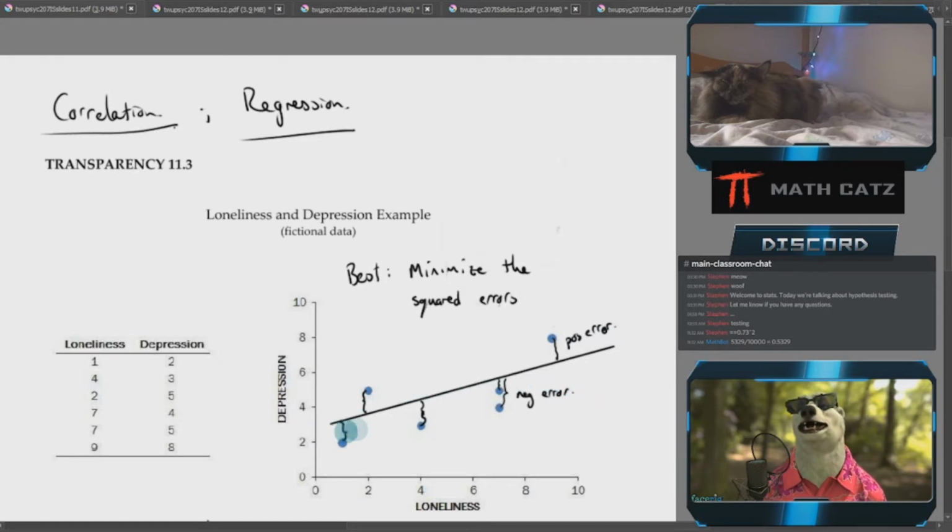We also call this the least squares fit, because it's the smallest sum of the squares between the data points and the predicted values on the line. So that is what we mean by best.